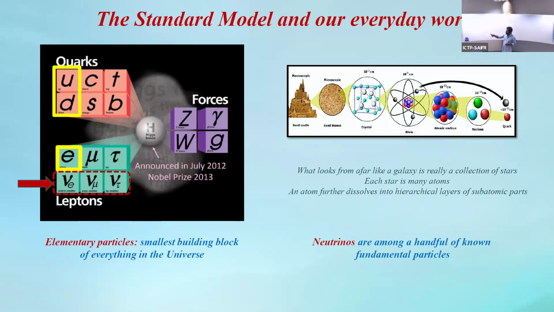And I'll talk about neutrinos. As you see, there are 3 fundamental particles among the 17, and we can ask what sort of new physics or what sort of things we can learn from neutrinos, because these are among a handful of non-fundamental particles.